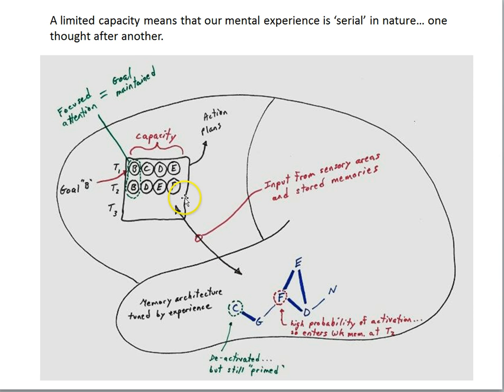But sometimes we get the occasional random thing entering. And it may really be random. In other words, it doesn't have any strong links to what went before. But it also could be the case that we're just not aware of the nature of the memory architecture. We weren't aware that in the past item F was strongly associated with items E and D, and as a result it seems to us like it's coming out of the blue, but really our past experience would make sense of that.